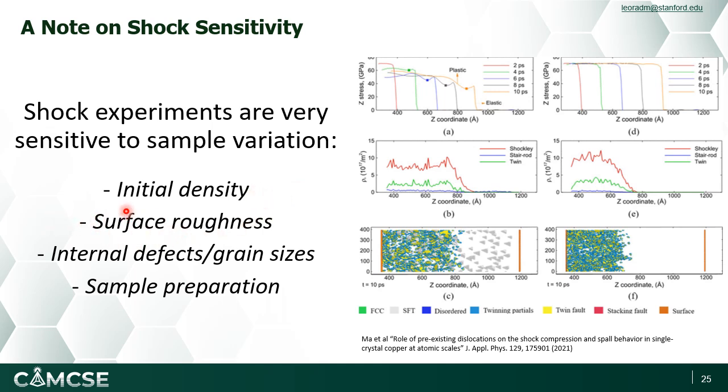Subsequently, we also need to think about our internal defects and grain sizes, which can vastly change the types of deformation mechanisms that we have, changing the local pressure and temperature conditions, and therefore changing the shock response over much longer timescales.